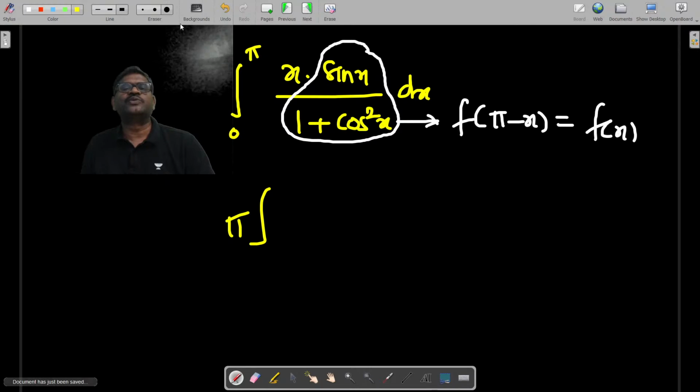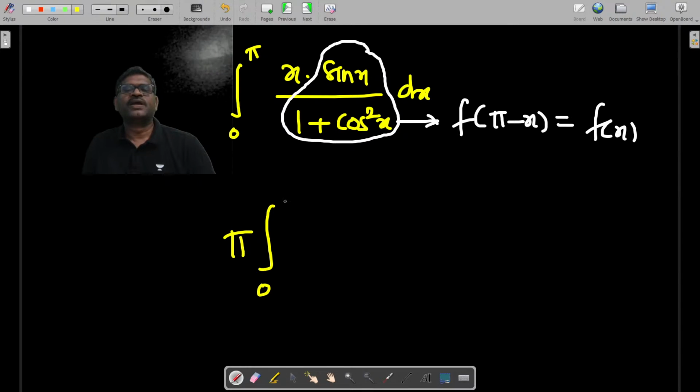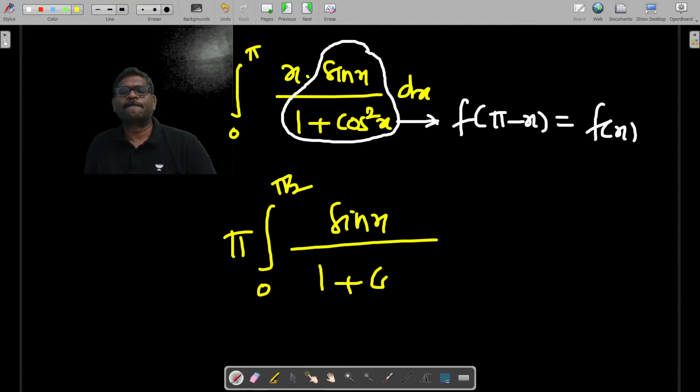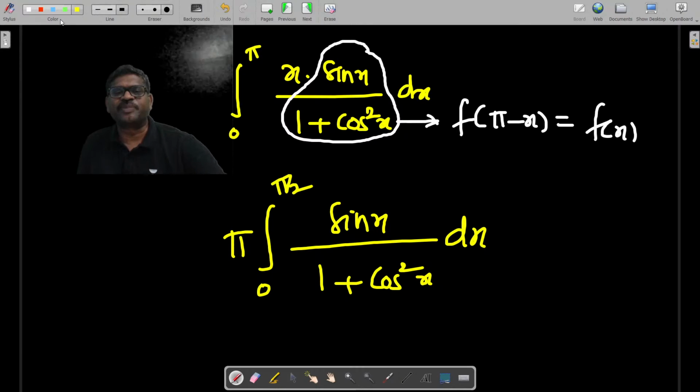pi into integral 0 to pi by 2 of sin x by 1 plus cos square x dx. Now let us take cos x equal to t.